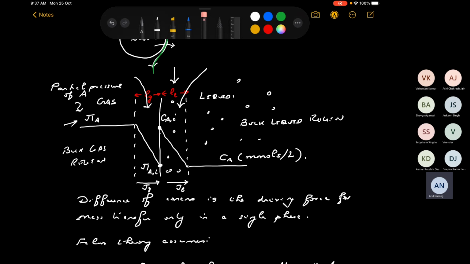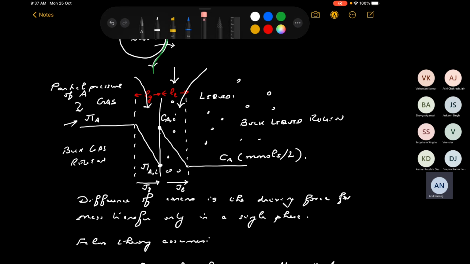And then once again, there is a drop from c a i to the bulk phase concentration c a in the liquid, where A could be any gas. It could be sparingly soluble or highly soluble. Sparingly soluble being, for instance, oxygen. Highly soluble, the book that I have used refers to ammonia, but I suspect even carbon dioxide will fall into the same category.